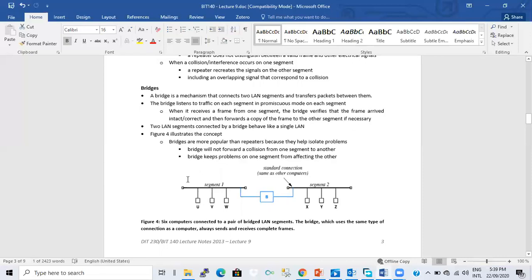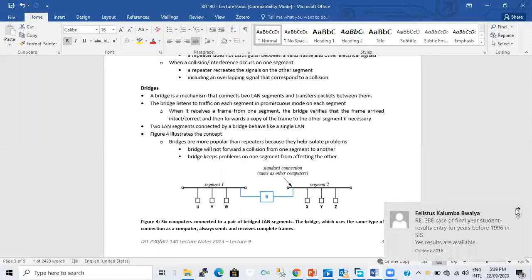For a repeater, we said all it does is get something from this segment, boost it, and send it to the other segment. Whether it's correct or intact, all it does is push that data there.